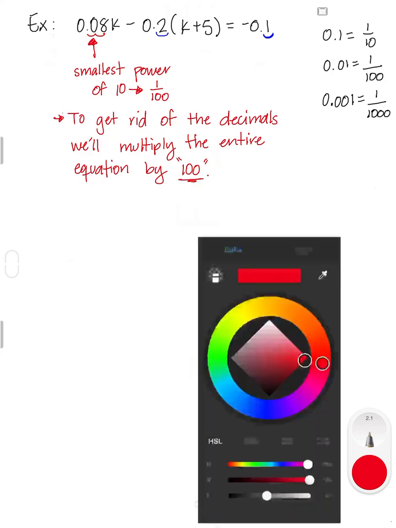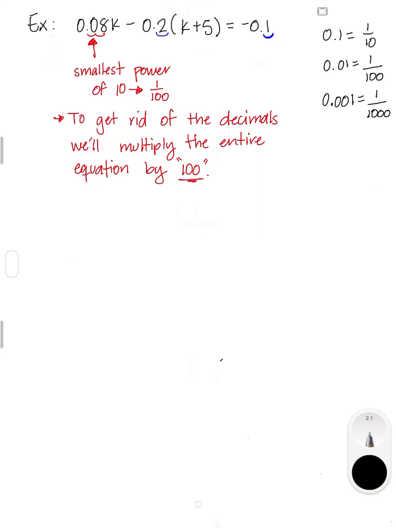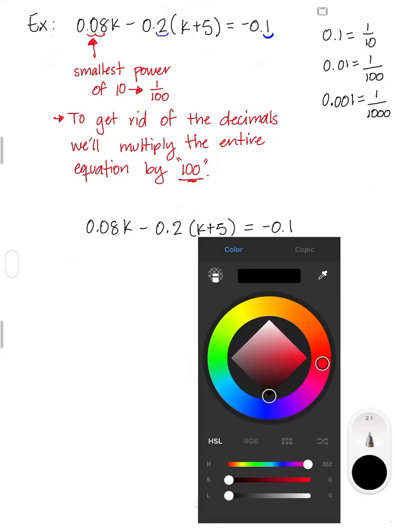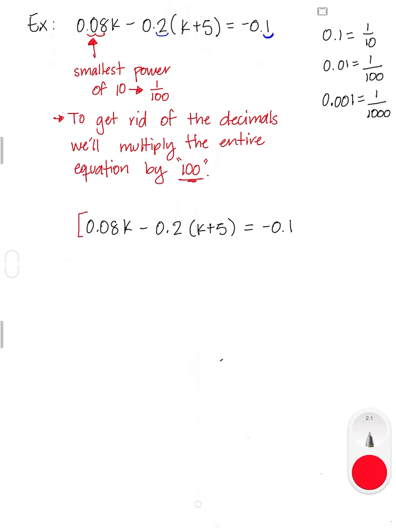So we have 0.08k minus 0.2 times k plus 5 equals negative 0.1, and all of this will be multiplied times 100.